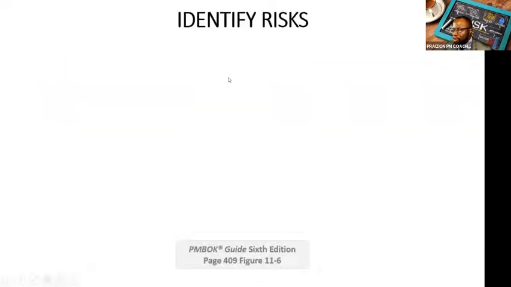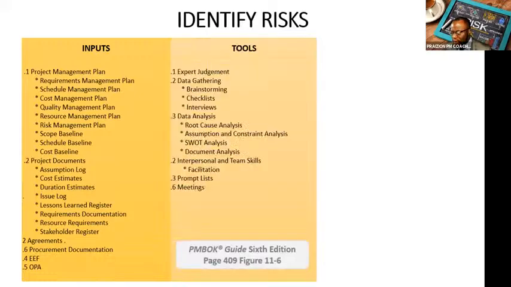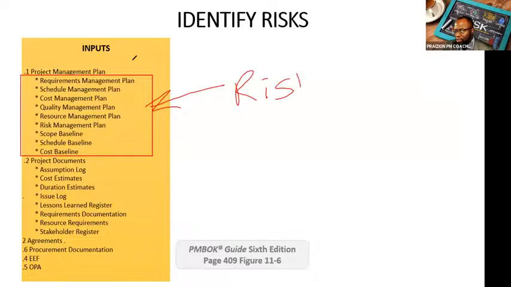Okay? So going into page 409, figure 11-6, you can see there's a boatload of components. Let me explain this to you very, very quick. Why do we have all of these plans and baselines? Because risks could exist in all of these.